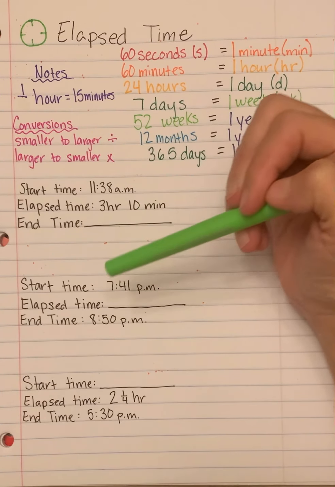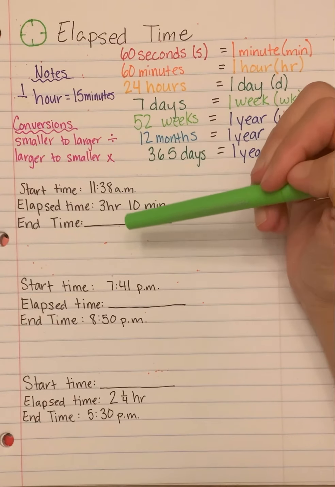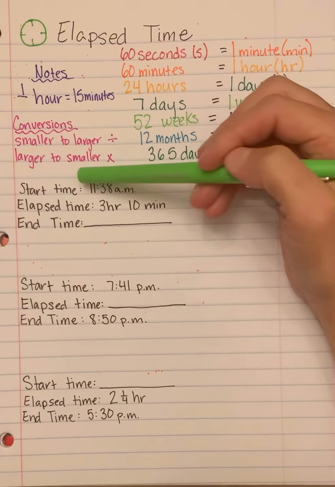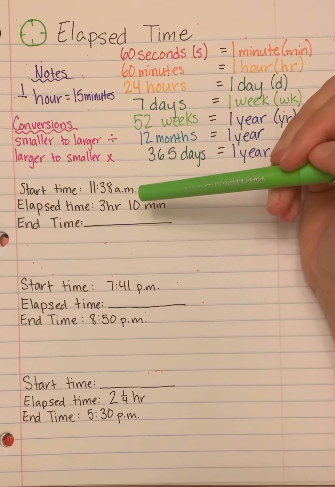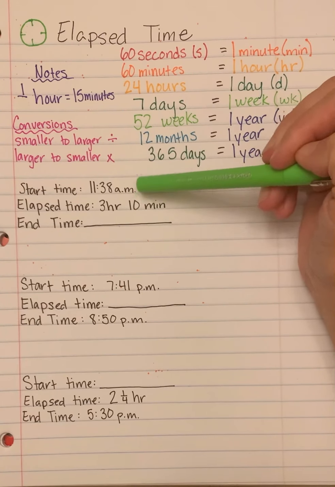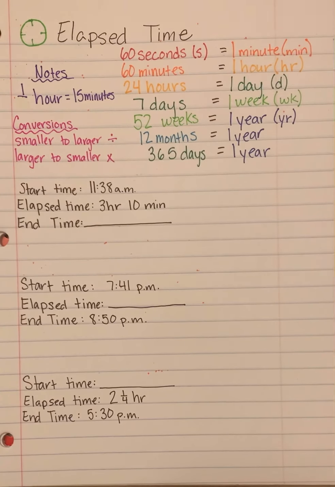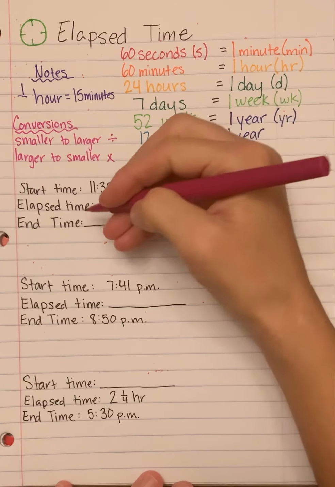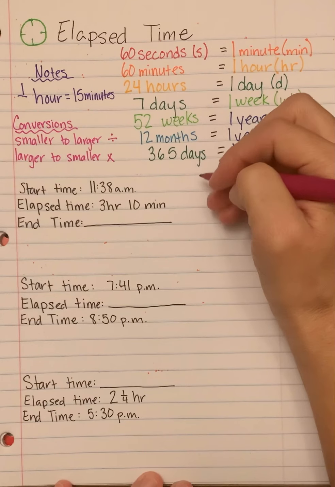So just like a regular math problem, we want to take the minutes and the hours as two separate things. And you want to start with the minutes, because if the minutes add up to 60, you're going to regroup it over into the hours. So we're going to go ahead and start with this problem. When we have our start time and our elapsed time, we're going to add them together.